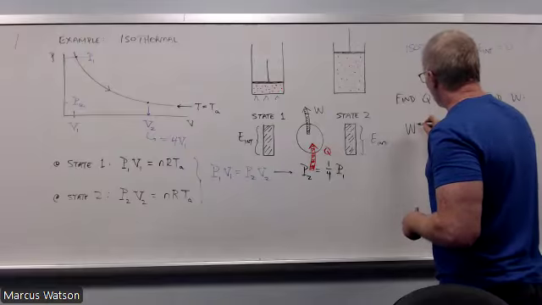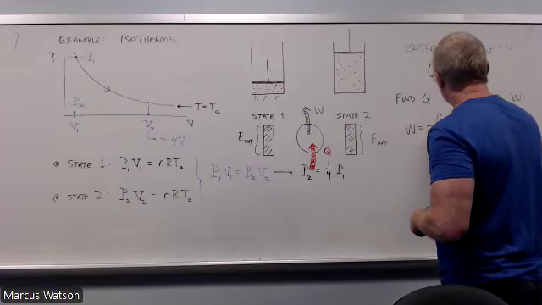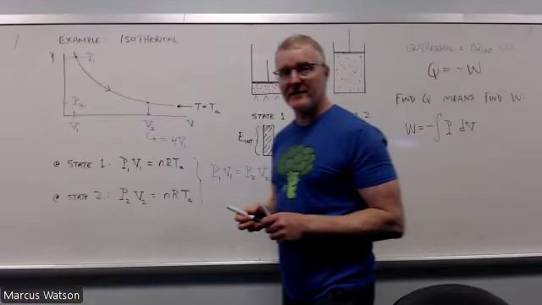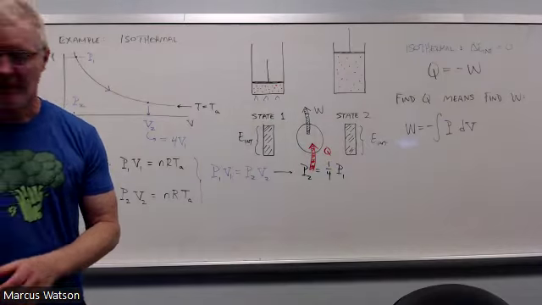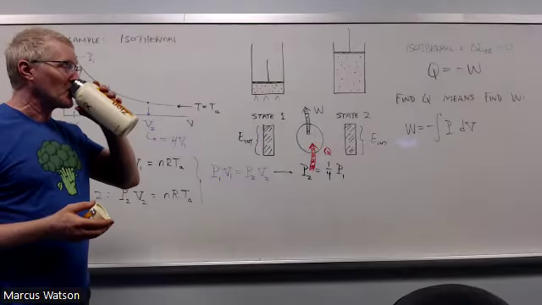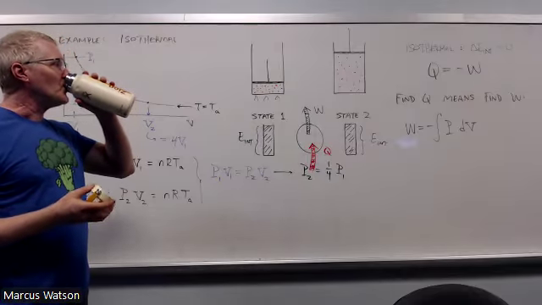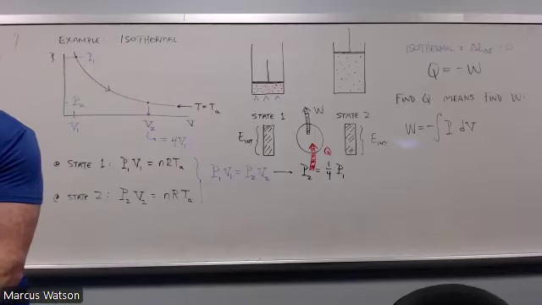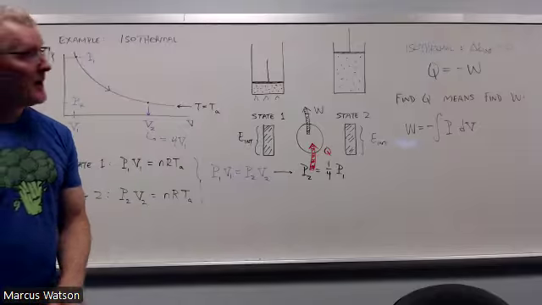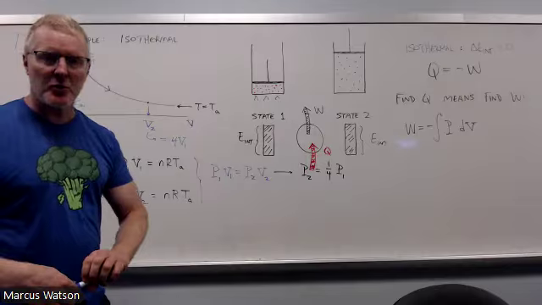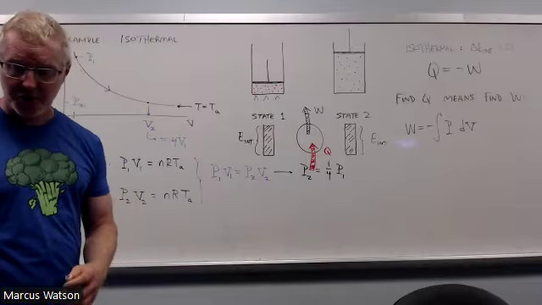So work done, we already know, is negative the integral of P dV. And so what we need to do is integrate that. Because in the first one, the isobaric process, the pressure was constant.